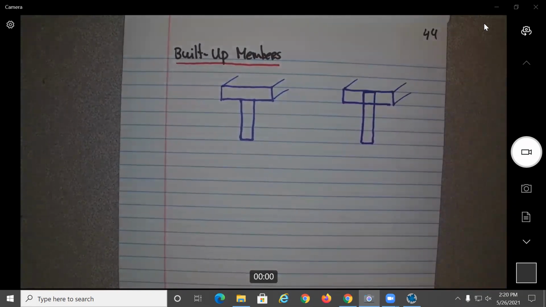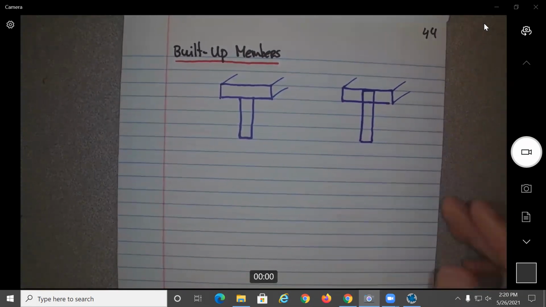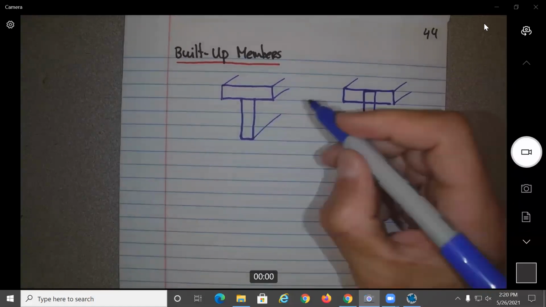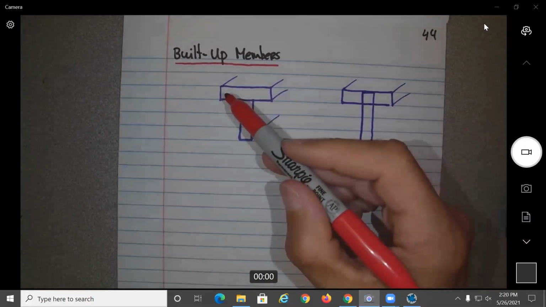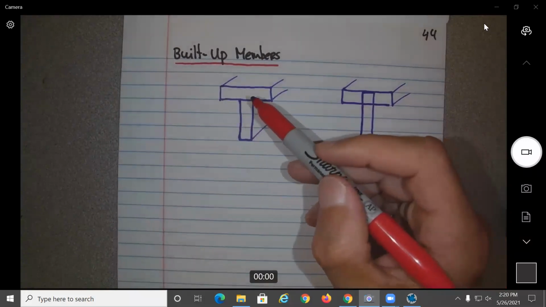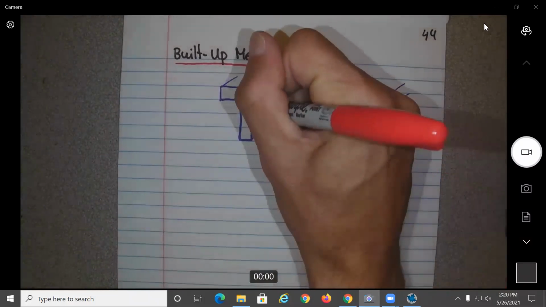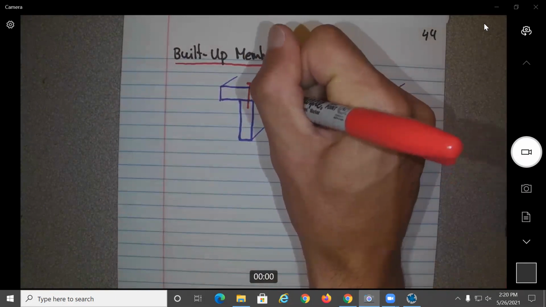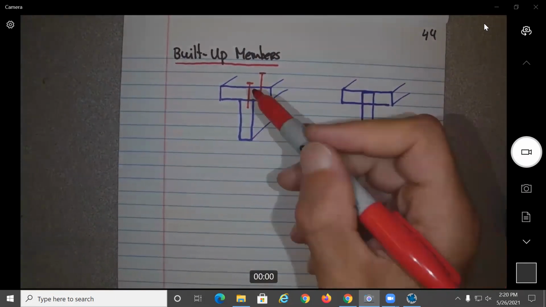So let's say you need to build a T section. What would be one way to do it? I'm going to talk about wood, maybe it would be easier. You can take 2 planks of wood, and you could put nails or screws over here. So you could connect this one this way.